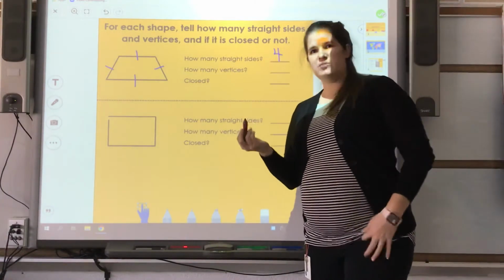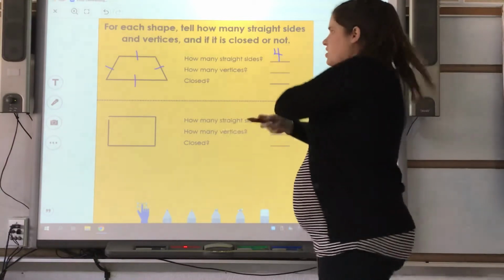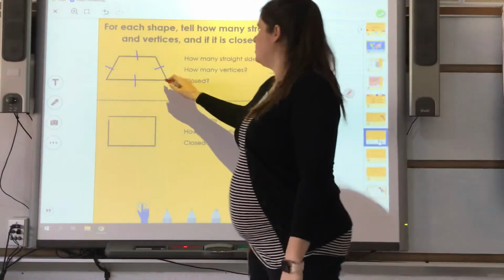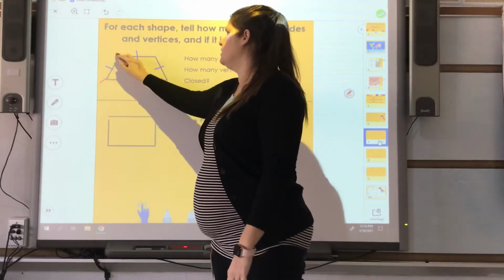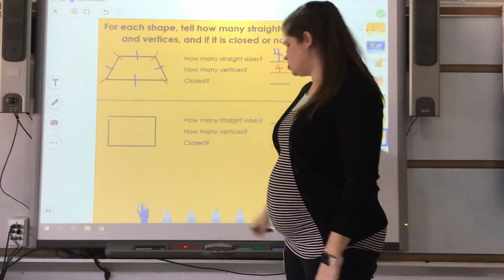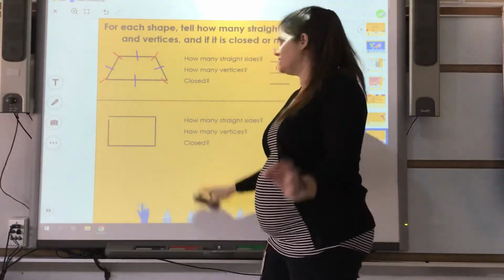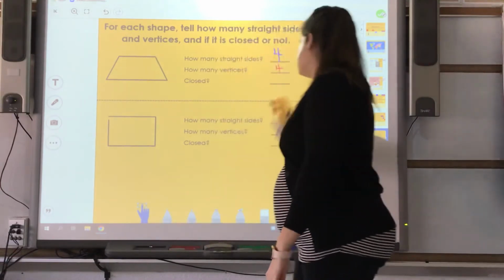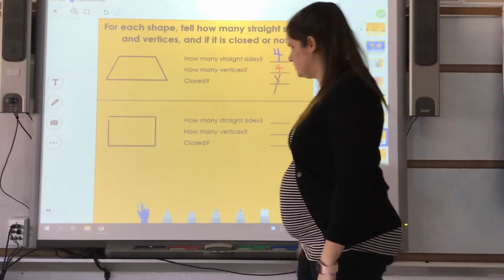It might help you at home to have 2 different colors so that you can mark 2 different things. Vertices are the same thing as corners. 1, 2, 3, 4. Is it a closed shape? That means are all the sides touching? Yes, that is a closed shape.